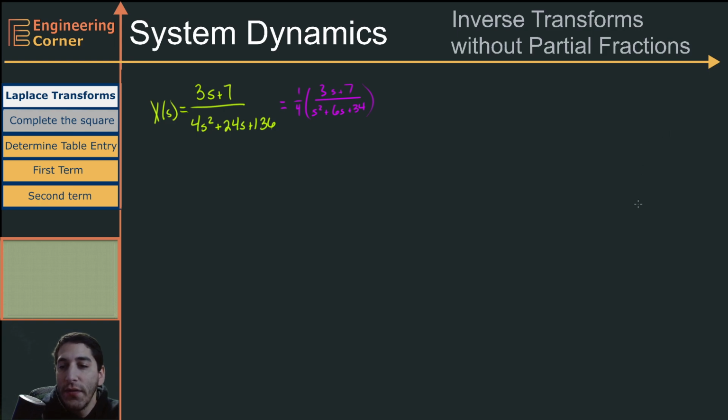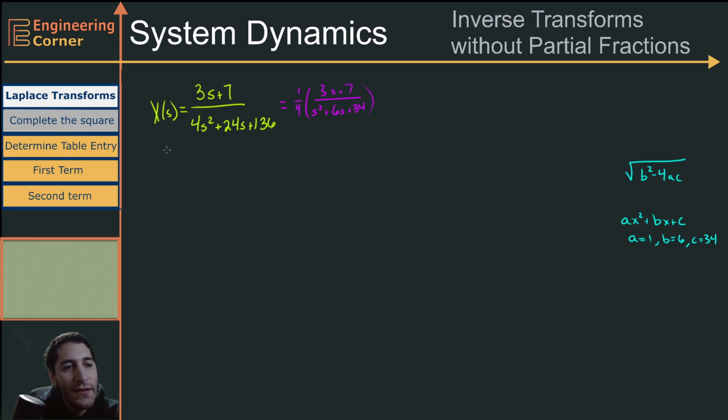Now, the way I can do that is I can look at part of the quadratic formula, specifically the square root of b squared minus 4ac. Remind myself that the quadratic is ax squared plus bx plus c. So a is equal to 1, b is equal to 6, c is equal to 34.